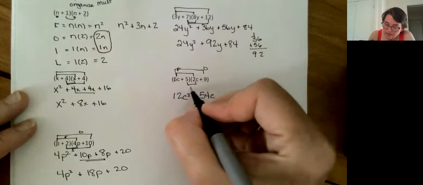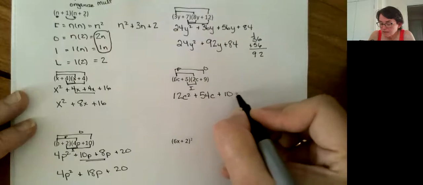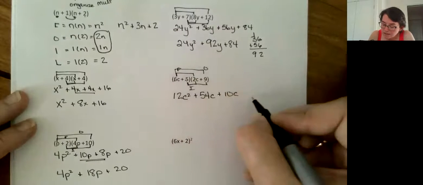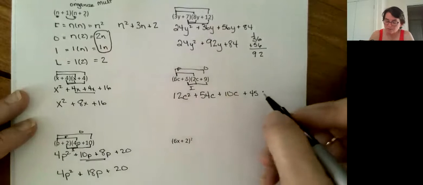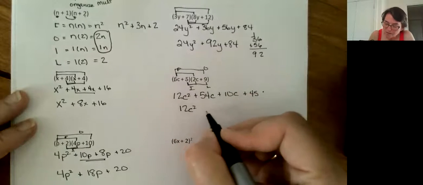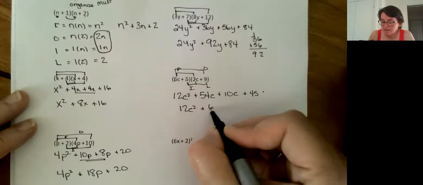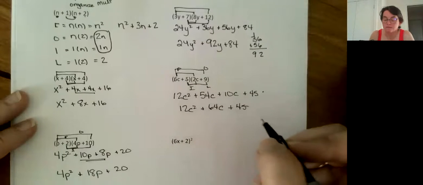Now we go insides. 5 times 2c is plus 10c, and 5 times 9 plus 45. Oops, I was going to put a c there, but there's no more c's. 12c squared plus 64c plus 45.